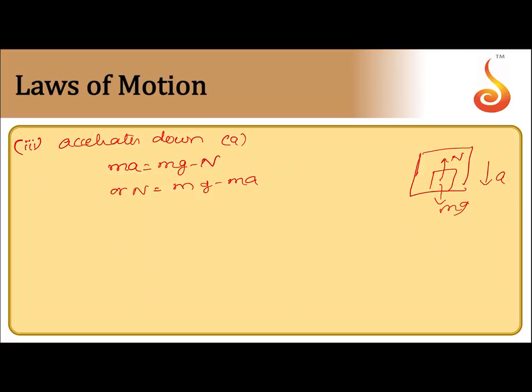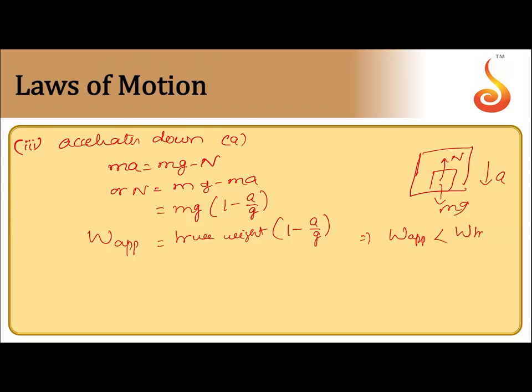Or it further simplifies to mg into (1 minus a by g), or true weight into (1 minus a by g), or apparent weight is equal to true weight into (1 minus a by g). Is that correct? Yes. Which implies that the apparent weight is less than the true weight. Apparent weight is less than the true weight.